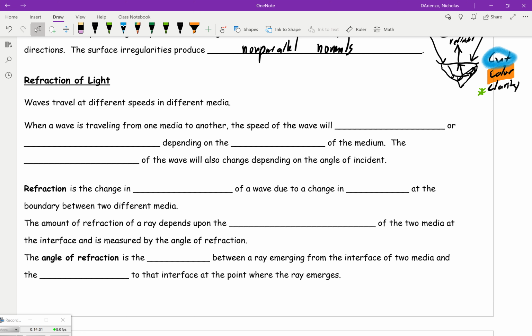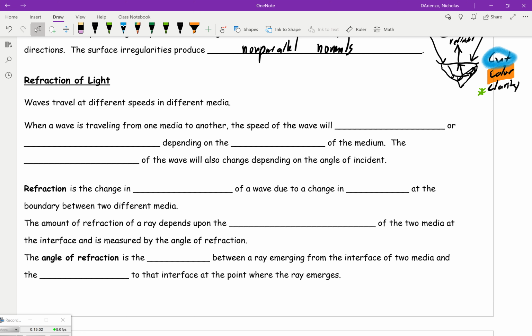Now, a little bit about refraction of light. Waves are going to travel at different speeds in different media. So it should make sense that if you have a light wave or a sound wave, and it tries to go into a different medium, it should change. If you have your head underneath the water in a pool or in a lake, and somebody's trying to talk to you, it sounds different underneath the water than it does out of the water.